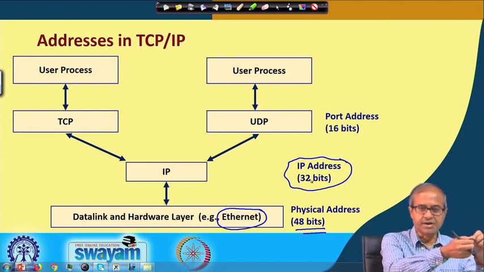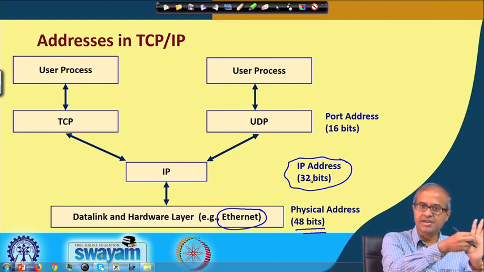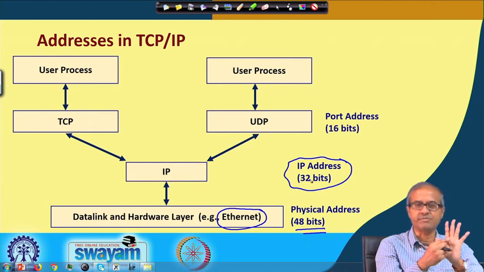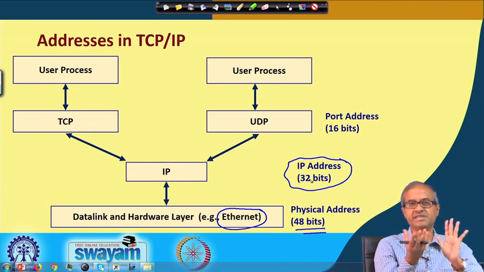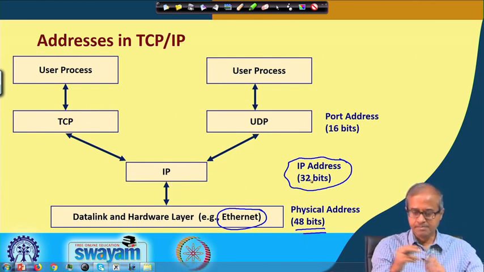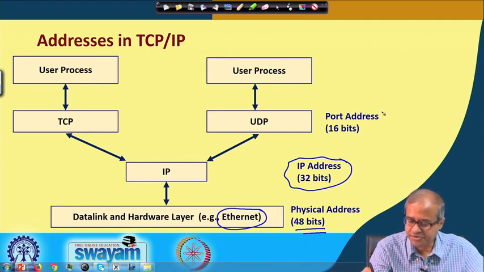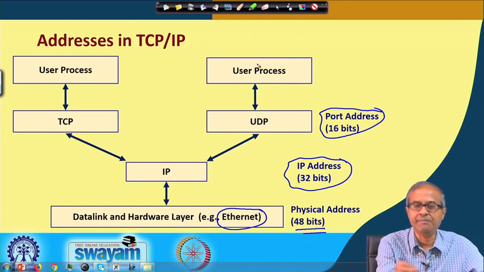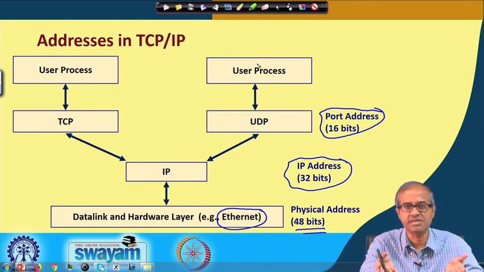Whenever you connect a computer to a network, that network interface will have an IP address associated with it, and that IP address is supposed to be unique, but that is a 32-bit address. At the transport layer level, there are so many applications or user processes which are using the network.